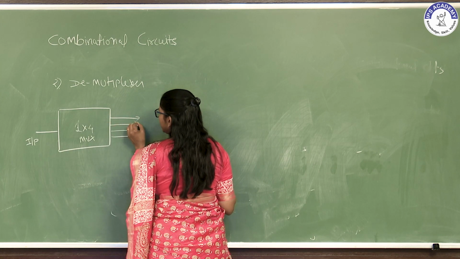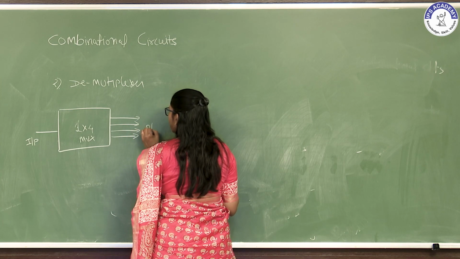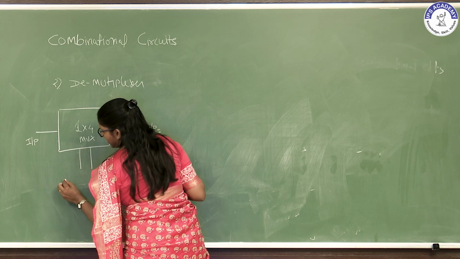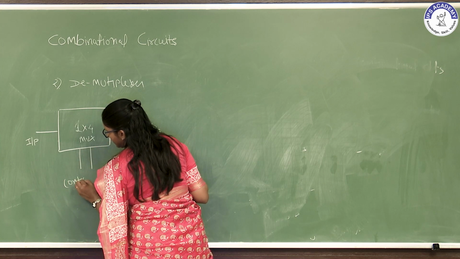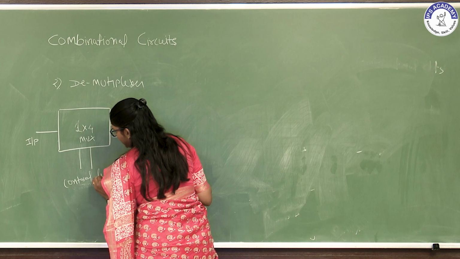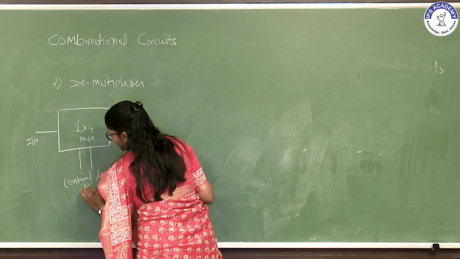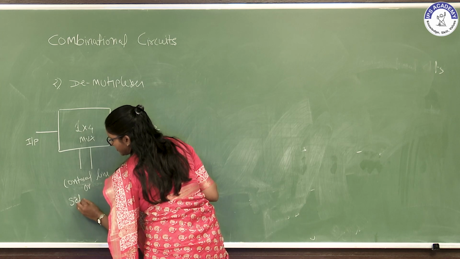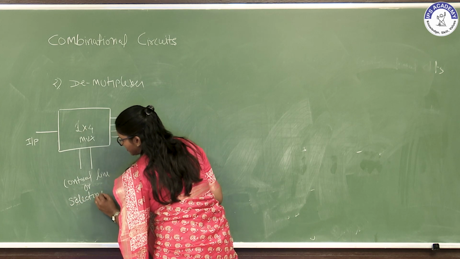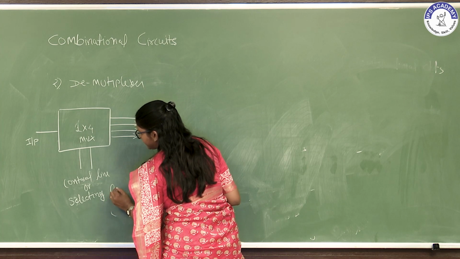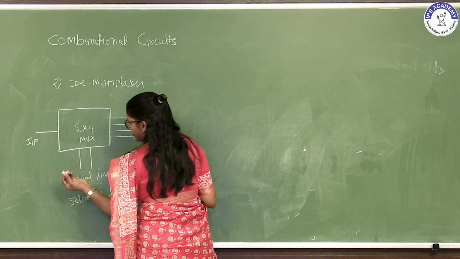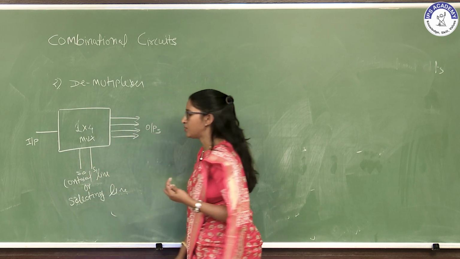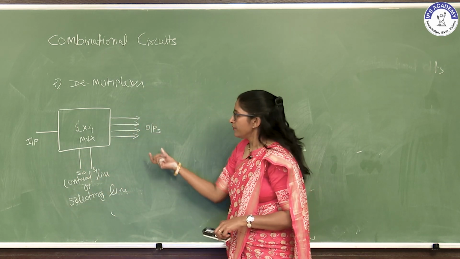these are the outputs, and this is the control line or selecting lines. Fine. Suppose here I am taking the values S0 and S1, or I can take A B also, it depends on us, we can take anything.